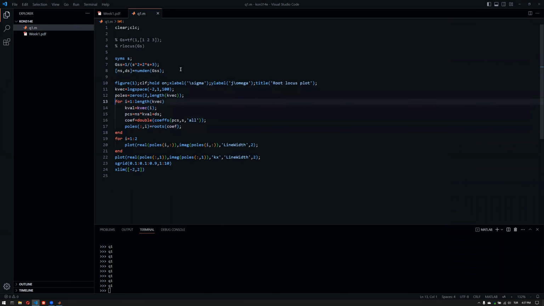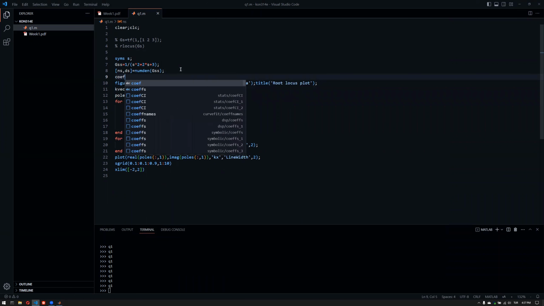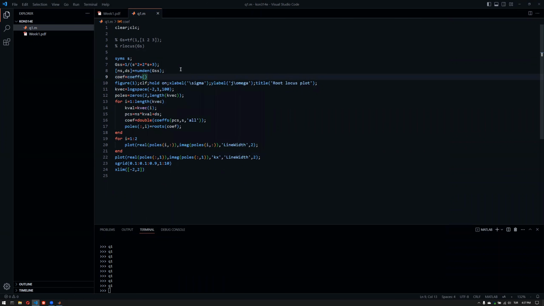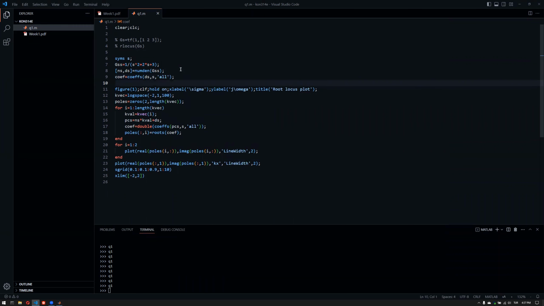By the way, I'd like to do something else here. I'd like to calculate the coefficients of ds, s comma all, and I want to calculate the order of the system automatically. You can do this by obtaining the coefficient vector of the denominator of the open loop. When you do that, you will have s to the power of n, s to the power of n minus 1, down to s to the power of 1, which are n elements.